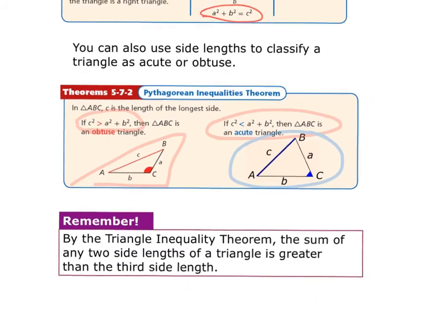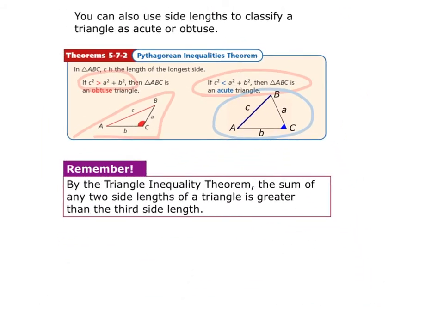And remember, sometimes you get side lengths that don't even work for a triangle. The triangle inequality theorem told us that the sum of any 2 side lengths has to be greater than the third side. So oftentimes you'll get asked, could these sides form a triangle? And if so, what kind? And that's where you'd make sure to check that.